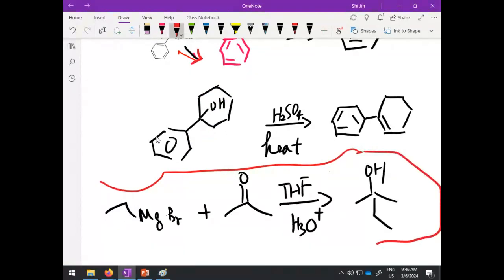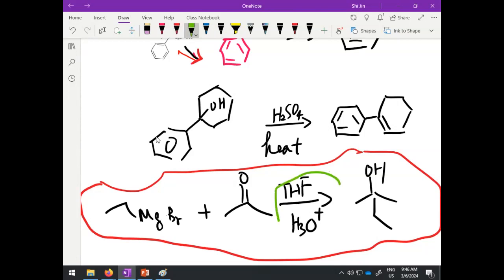Why it's wrong? What's wrong here? Basically, look at it. The key part is this is wrong. Why? You are implying that you are mixing these two things, THF and acid, at the same time.